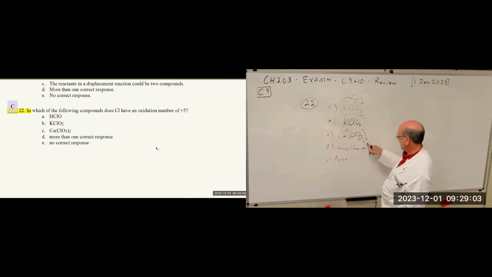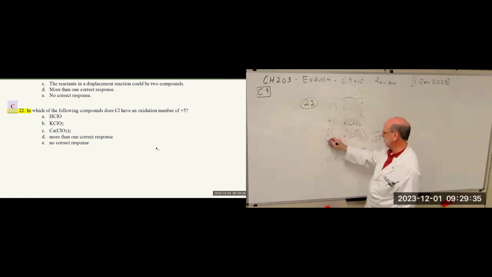Right? -6 times 2 is -12, and a plus 2, minus 12 and a plus 2 is minus 10. But we got 2 chlorines. So each chlorine has to be a plus 5 to balance that minus 10. Right, there's your answer.